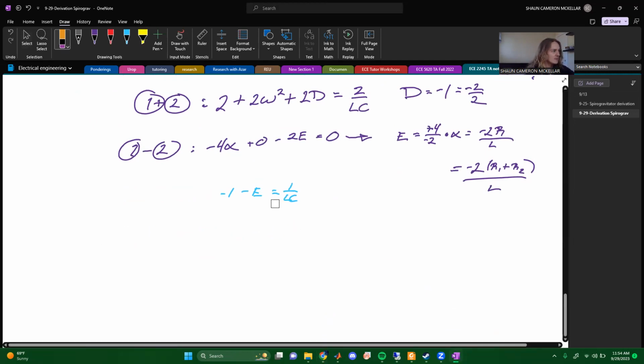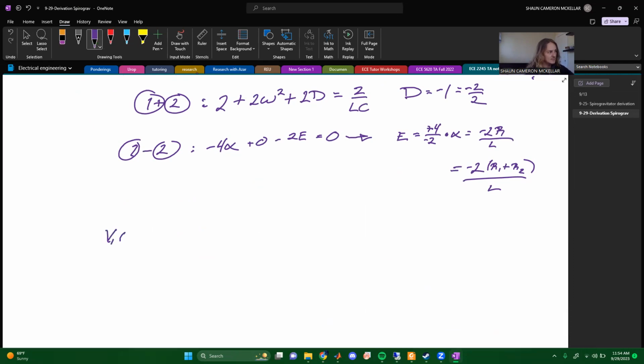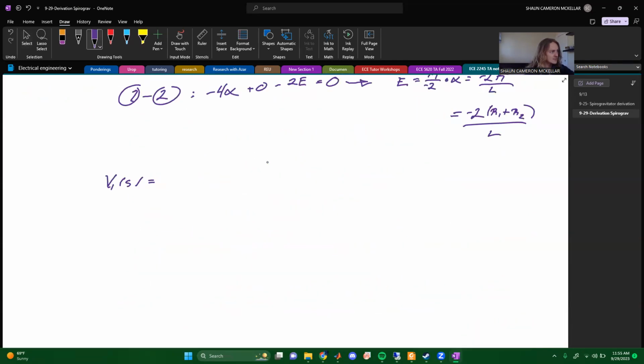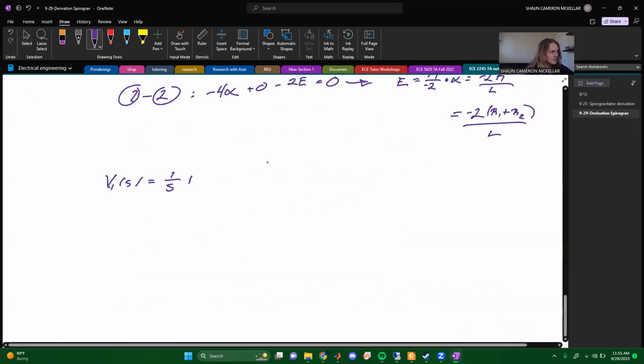So we can move on here because the problem's essentially finished. So now we have that V1 of s is equal to my partial fraction. So that's 1 over s plus, here I have negative s, that's the D s, plus E, which was negative 2R over L, divided by s plus alpha squared plus beta squared.